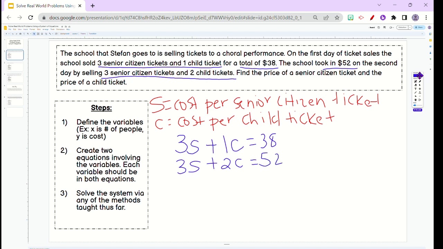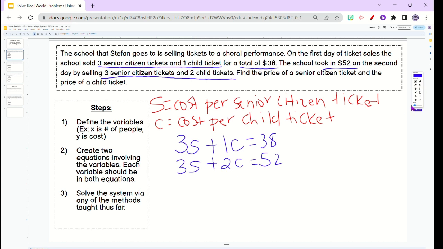All right, once you have your equations, now you can just go ahead and solve this using the elimination method. So I'm going to look at these 3 S's here, and I noticed that they are not opposite. We want to make them be opposite leading coefficients.